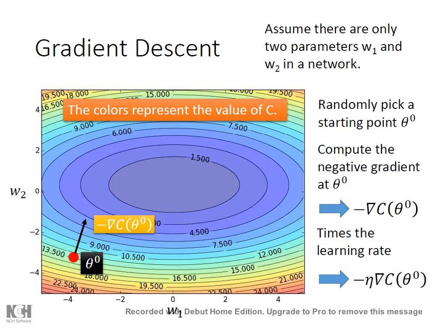Here we pick a starting point over here. It's randomly selected, because it's the first time your weight matrix is randomly generated. It's just random. So you just randomly select, for example, this one.